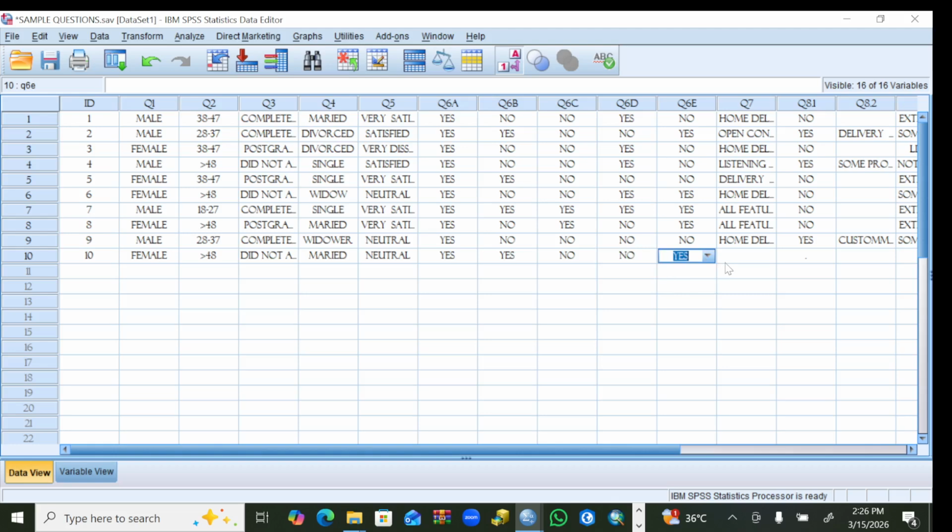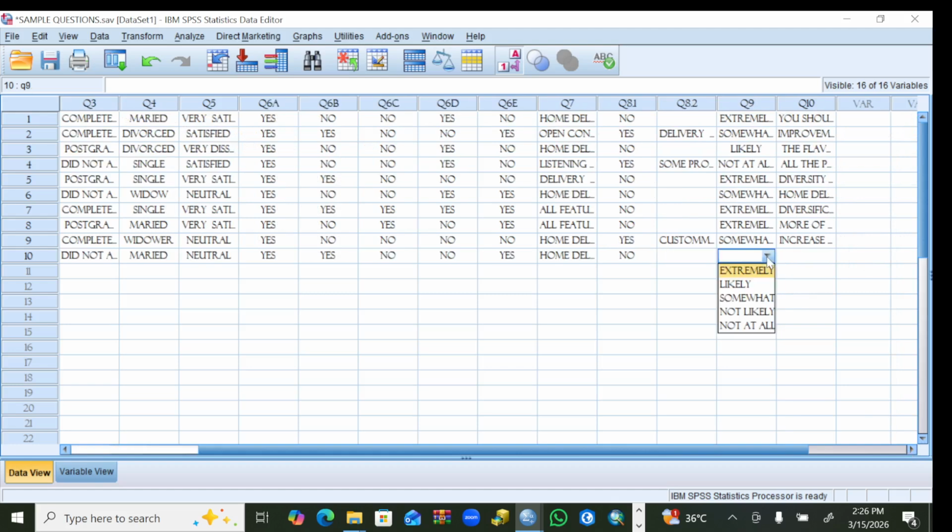So question number 7, what feature of our product or service do you find most valuable? She said all, let me say, home delivery feature. She doesn't have any problem, so she's not going to fill this part.